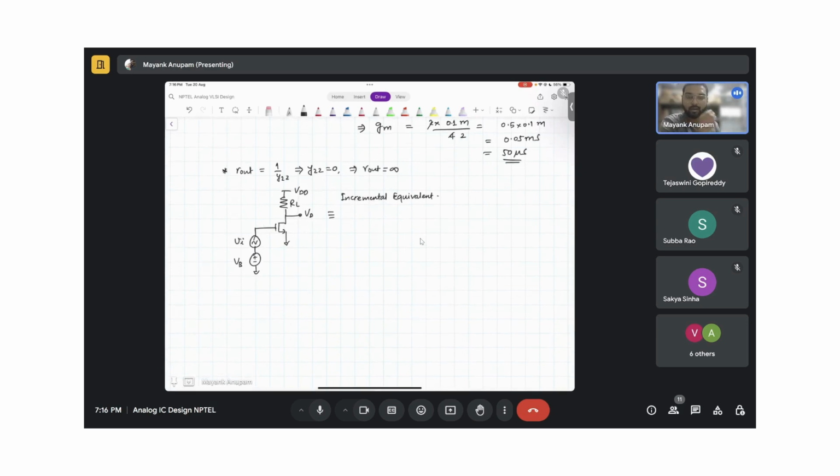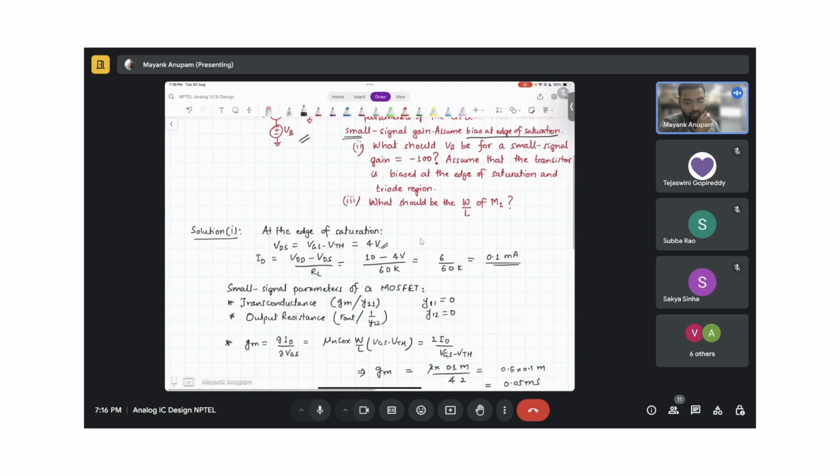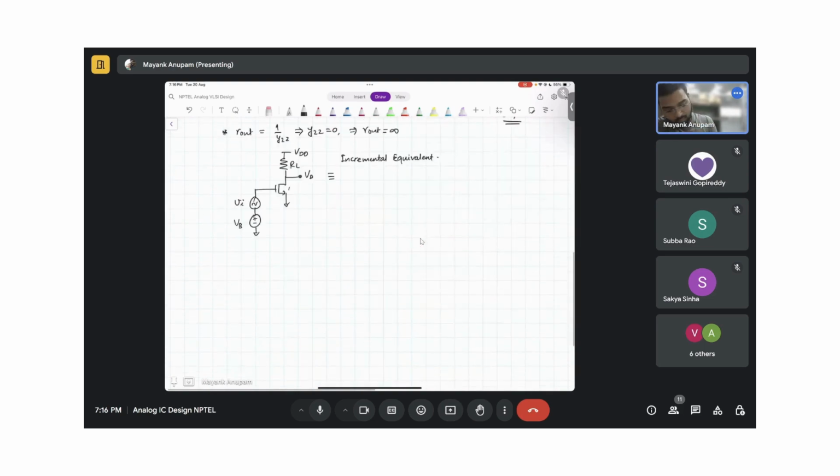How do you draw the incremental picture of this particular circuit? How do you draw it? We learnt it, right? VB has to be shorted, right? All the independent DC voltage sources you have to short, correct?